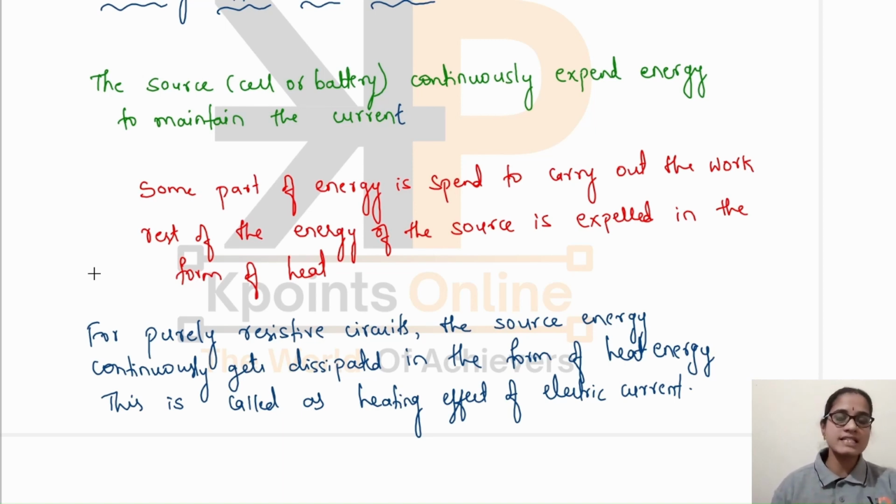And we can use this heating effect in many electrical appliances, and we make use of purely resistive circuits for that purpose, so that the source energy continuously gets dissipated in the form of heat energy. This is known as heating effect of electric current.